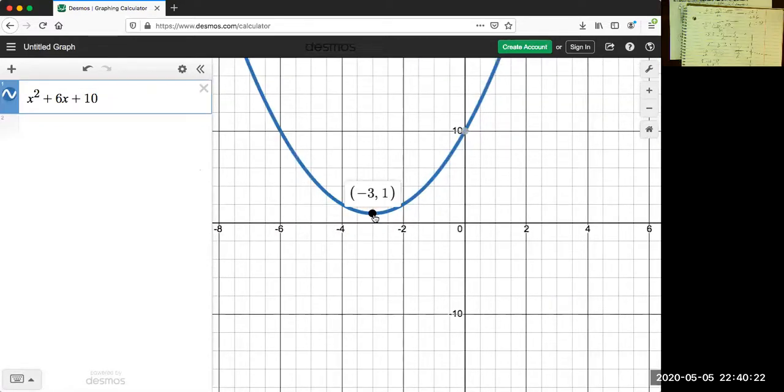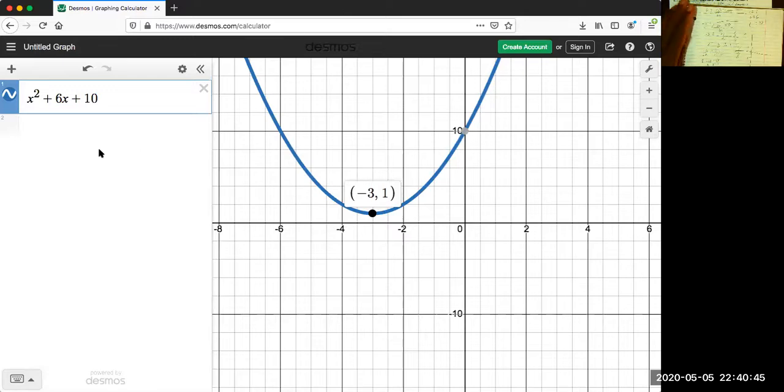Well, that is where the vertex is. And it's saying it exists here. And when I plug in -3, I do get 1. I'm going to triple check my imaginary numbers to make sure they're where they should be.